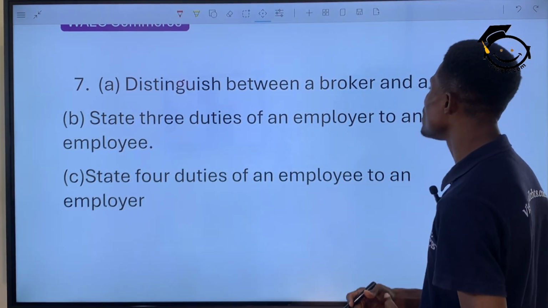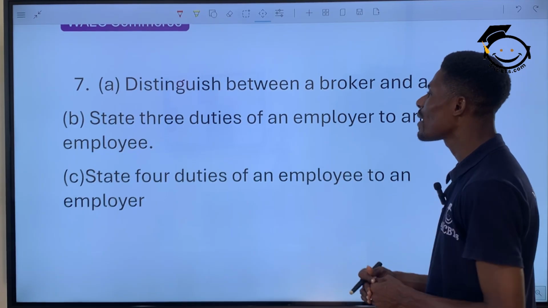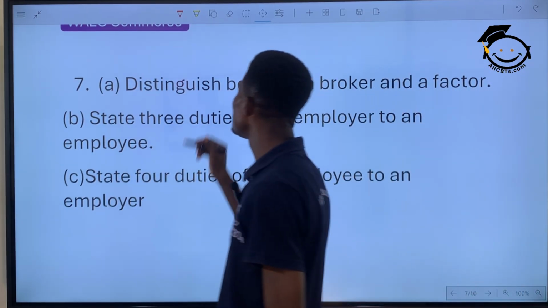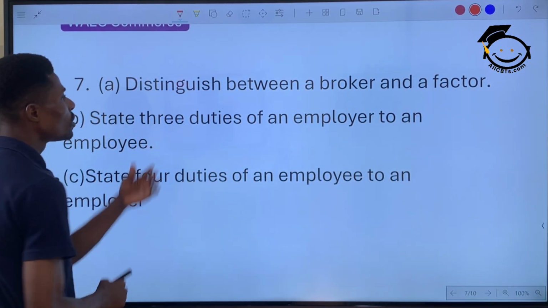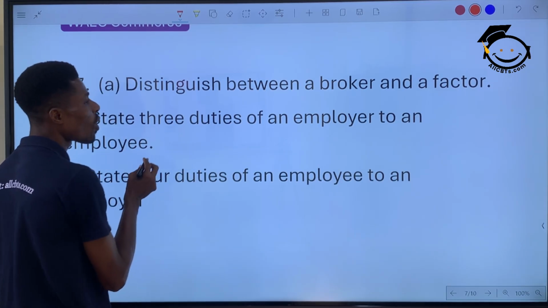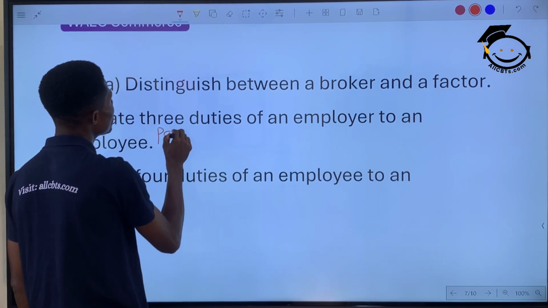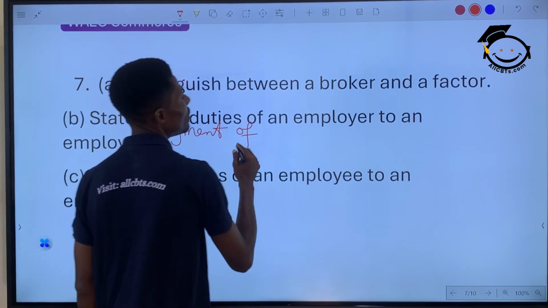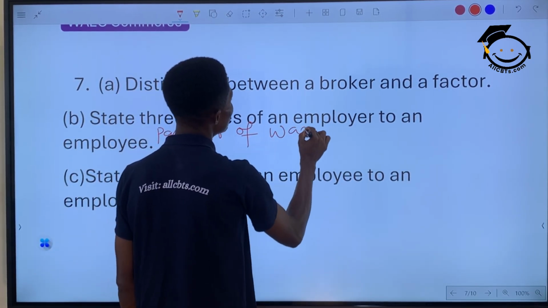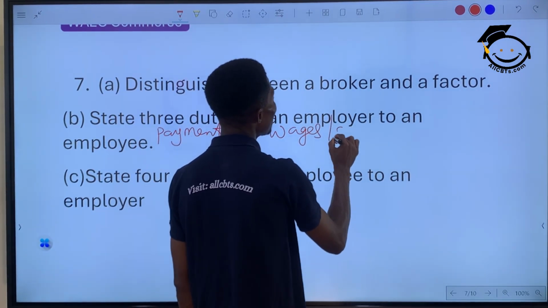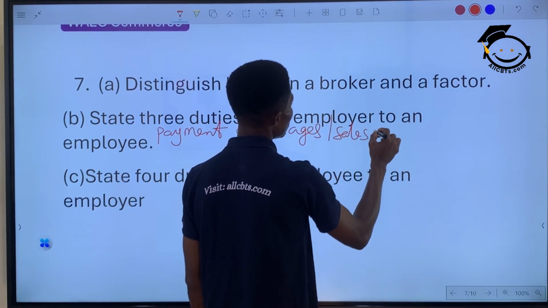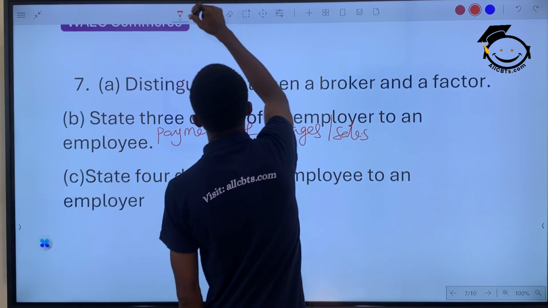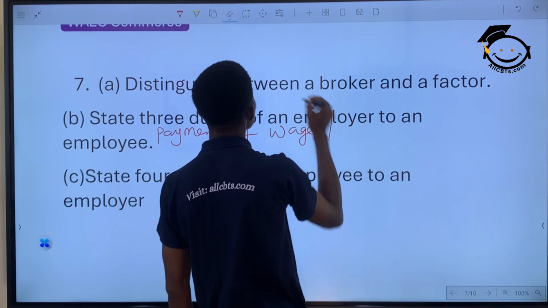Now, state 3 duties of an employer to an employee. What are the 3 duties? The first duty is what we call payments of wages or salaries.